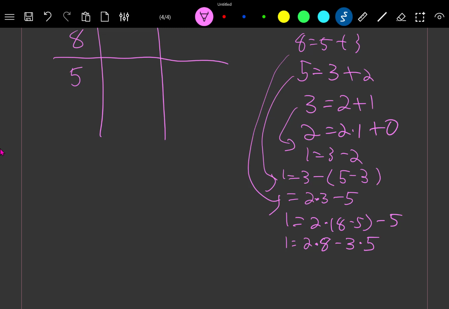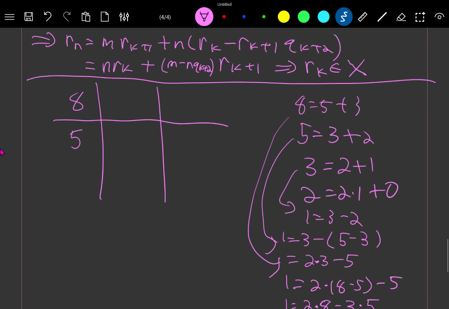And the way I learned to do it, or one way, is to make the following table. So if we want the GCD of 8 and 5, we're going to think of this top column as our 8's column and this right column as our 5's column.